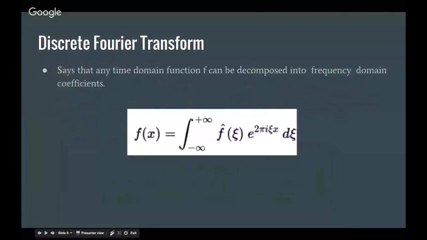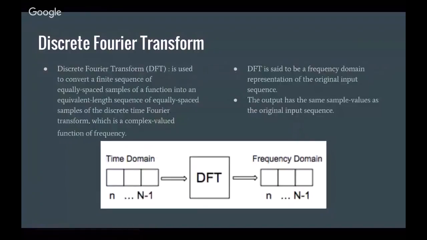Next, we see DFT is used to convert a finite sequence of equally spaced samples of a function into an equivalent length sequence of equally spaced samples of the discrete time Fourier transform, which is a complex valued function of frequency.